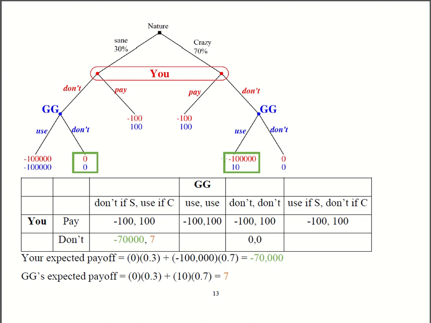In that case, you're going to get a payoff of minus 100,000. So we take expected values, minus 100,000 times probability 70%, and we get that. So that works out to 0 plus negative 70,000. Total is going to be negative 70,000. That's where this number is coming from.